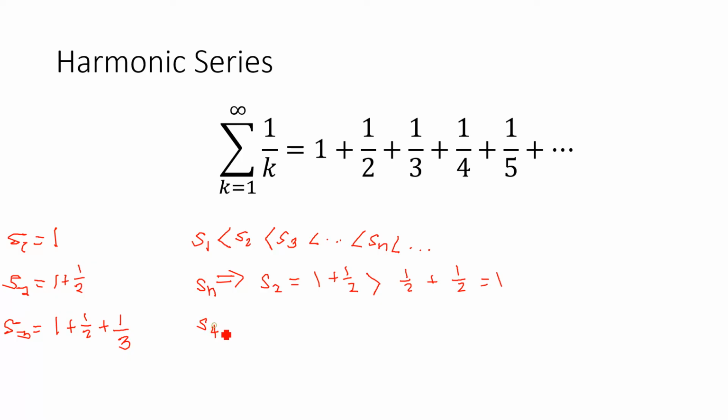And then you have s of 4, which is equal to s of 2 plus 1/3 plus 1/4, which is greater than s of 2 plus 1/4 plus 1/4, which is equal to s of 2 plus 1 half, which is greater than 3 halves.